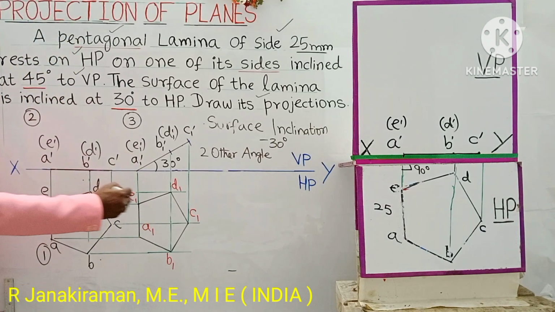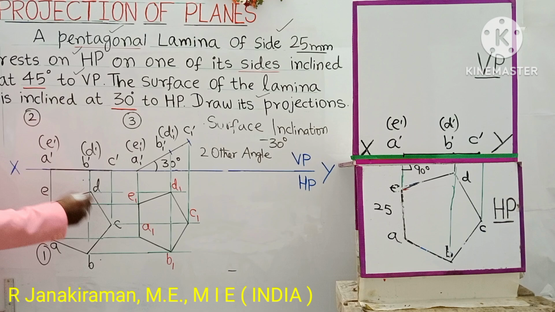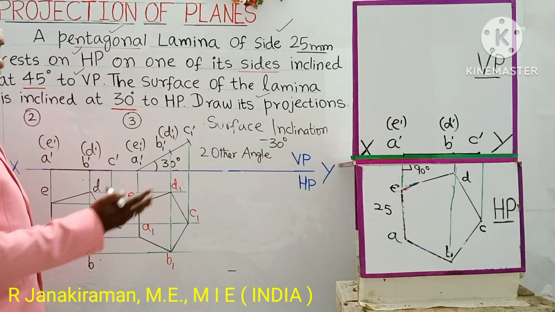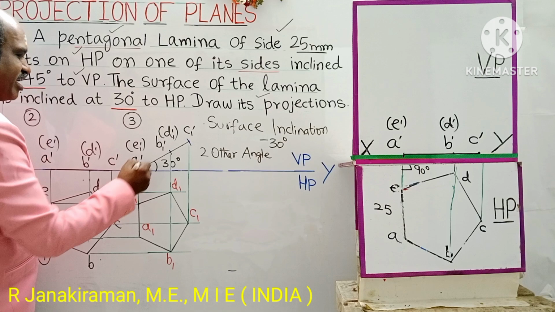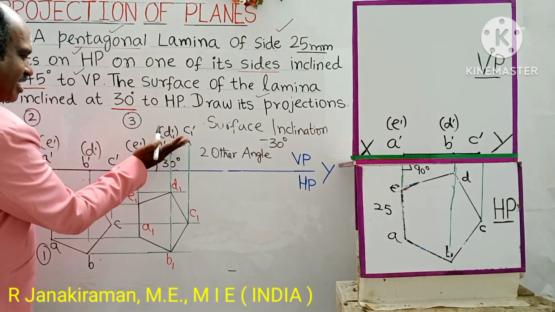So this pentagon will have a reduced size compared to the previous top view, as it is inclined to HP. As the angle of inclination increases, somewhat like 45 degrees, you will get a diminished pentagon.